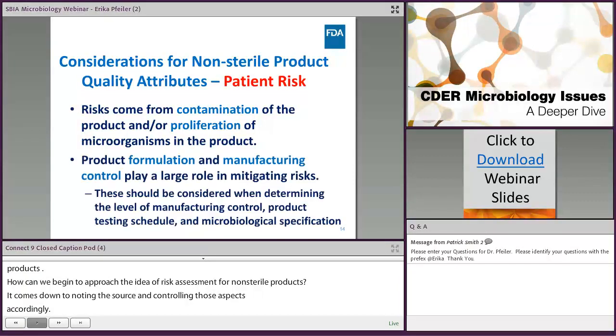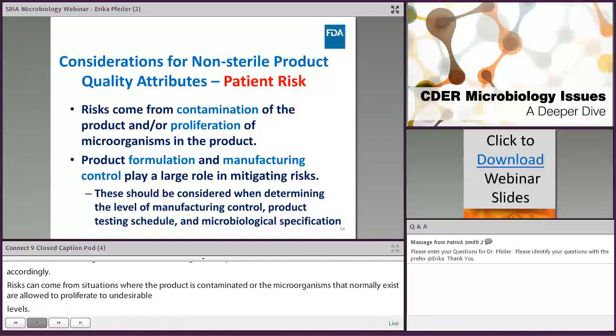The steps that prevent these occurrences are an appreciation for the roles that product formulation and manufacturing control play. Since there's no one-size-fits-all strategy, these items are critical to consider on a product-by-product basis during development.